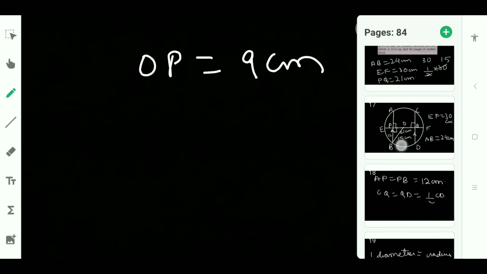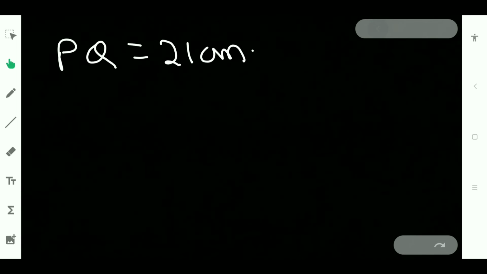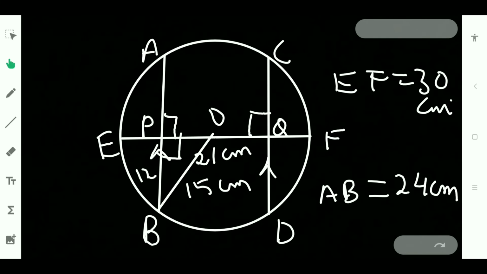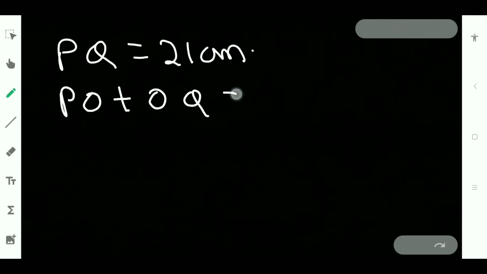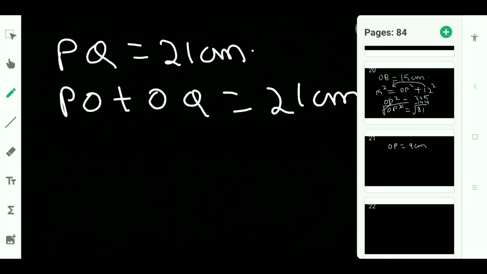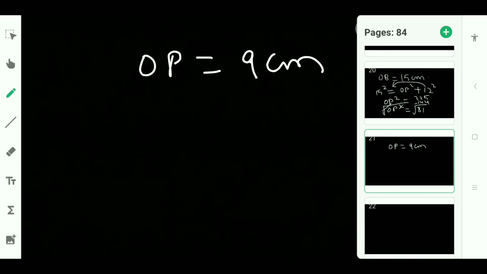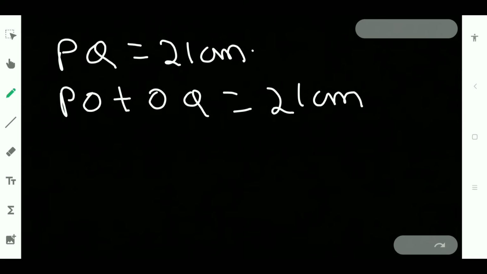Now we know PQ is equal to 21 centimeter, and PQ from the figure is nothing but PO plus OQ. So PO plus OQ is equal to 21 centimeter. We have the value of OP, that is 9 centimeter.